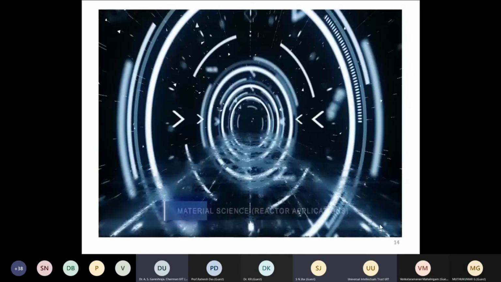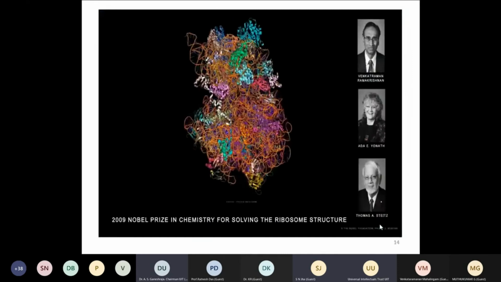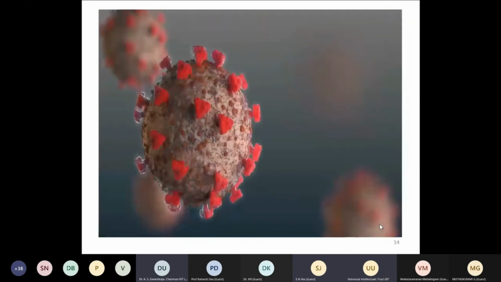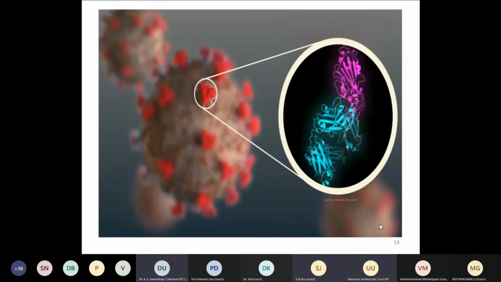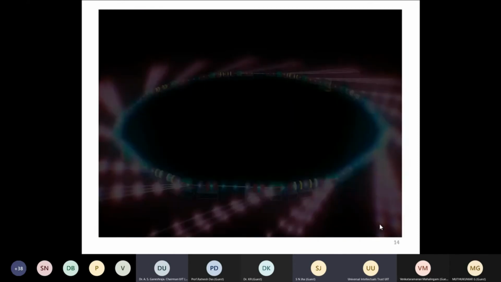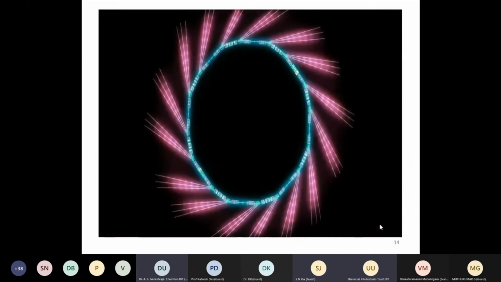Several Nobel Prizes have been awarded in the area of synchrotron science and technology. Recently, the structure and interactions of proteins linked to COVID-19 have been solved using synchrotron radiation. Truly, the use of synchrotron radiation as a light source has revolutionized modern scientific research.